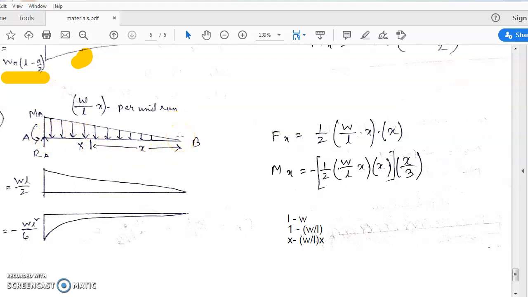So load at the free end is w and load at the fixed end is 0. You can do it by yourself also, and we will discuss it later, when you are very much familiar with the initial concept. So try to understand all these things which we have discussed in the first class till now. Okay.